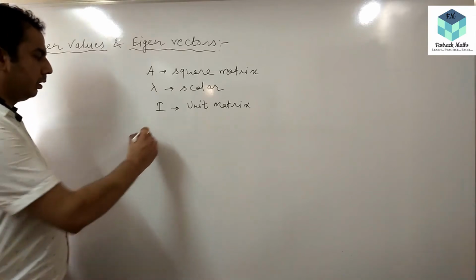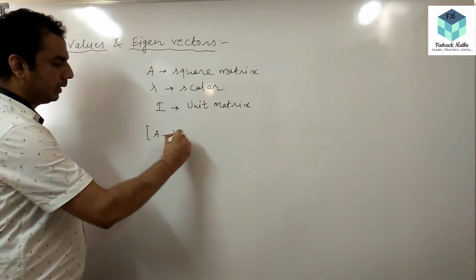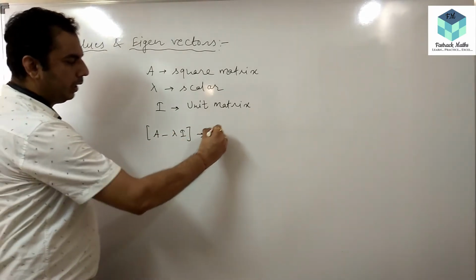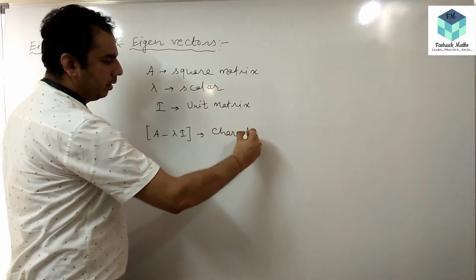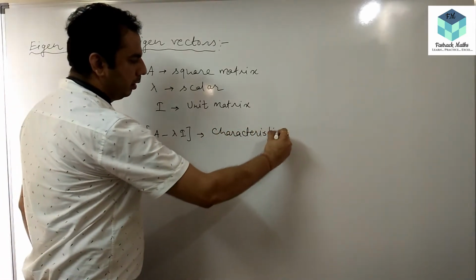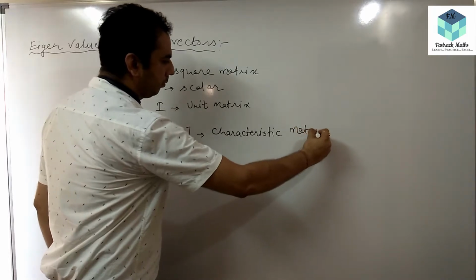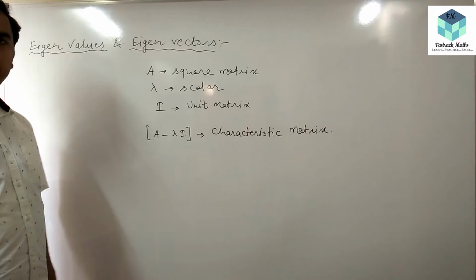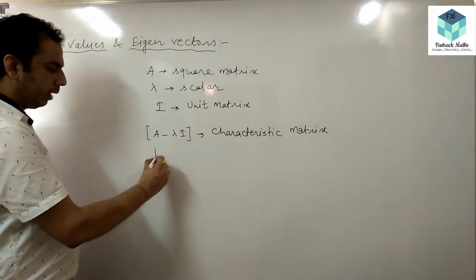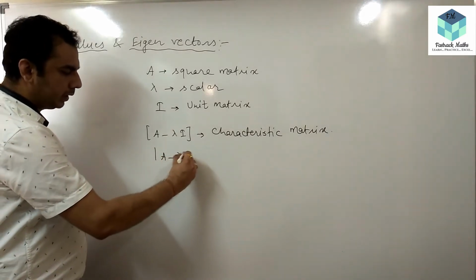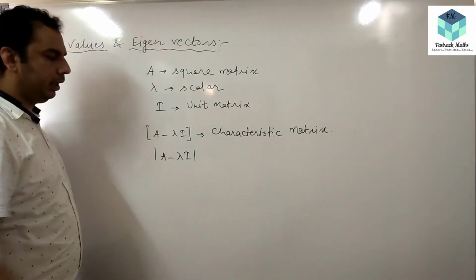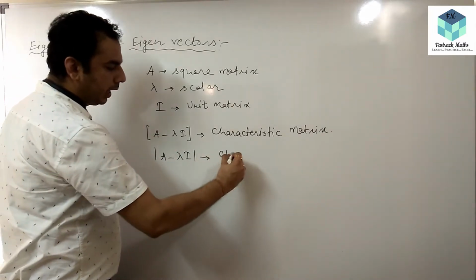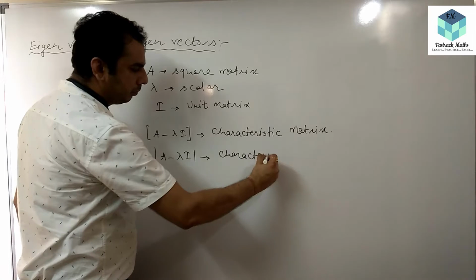Then the matrix A minus lambda I is known as the characteristic matrix. If we take the determinant of this matrix, that is, determinant of A minus lambda I, then this is known as the characteristic polynomial.